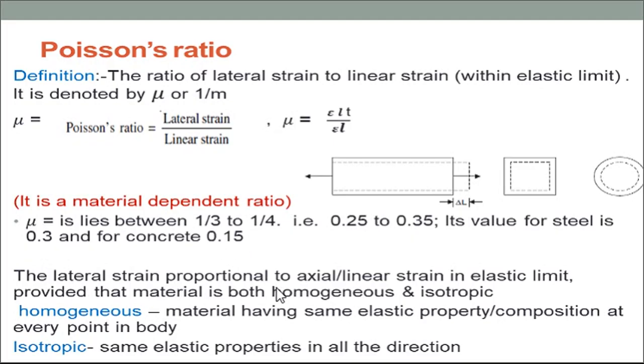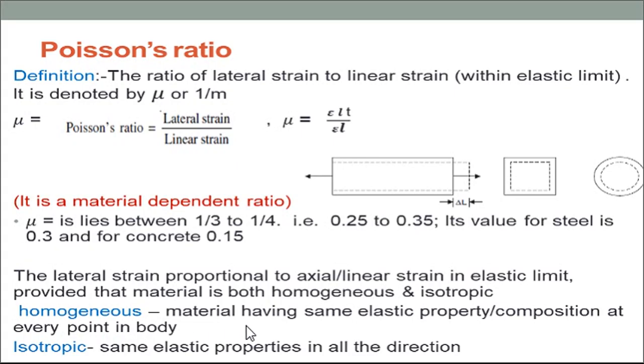Lateral strain is proportional to axial or linear strain in elastic limit, provided that the material is both homogeneous and isotropic. This proportional limit exists only when the material or member is assumed to be homogeneous and isotropic in nature.